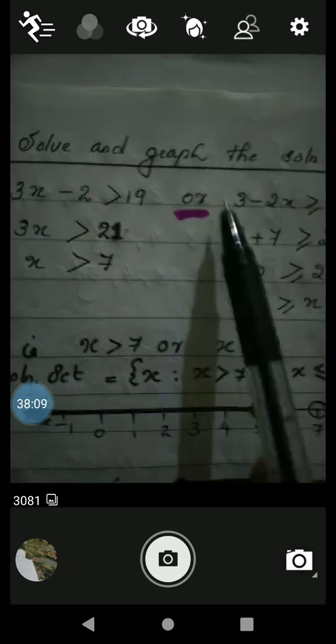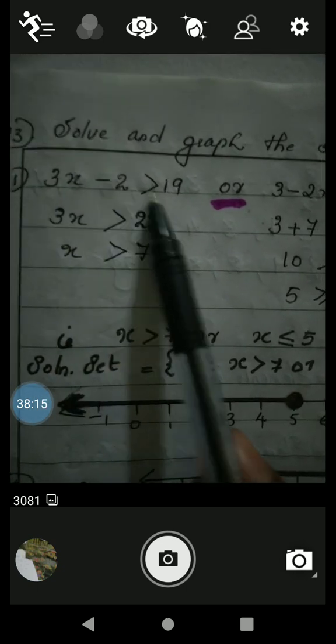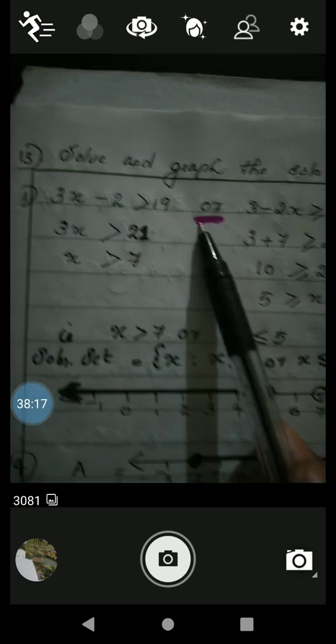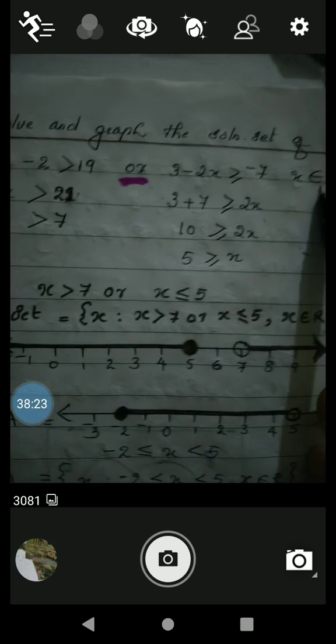Another question, solve and graph the solution set. Look here, in between there is "or", that is the difference. You can see 3x minus 2 is greater than 19 or 3 minus 2x is greater than or equal to minus 7, x belongs to real numbers.